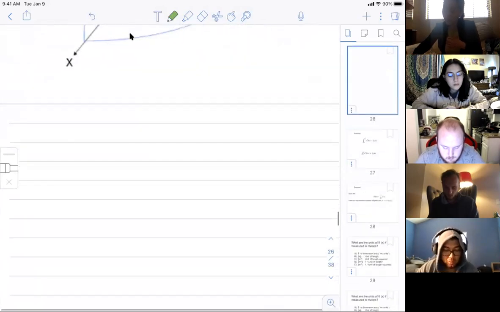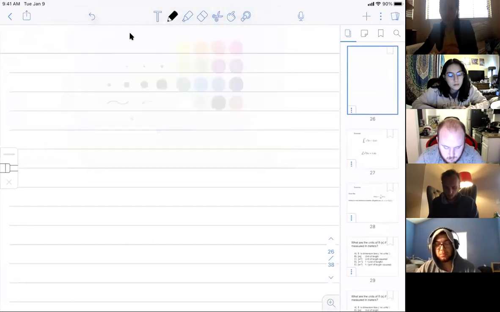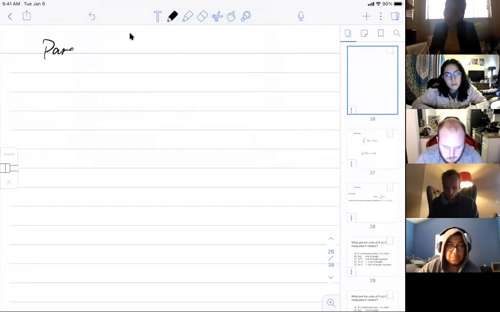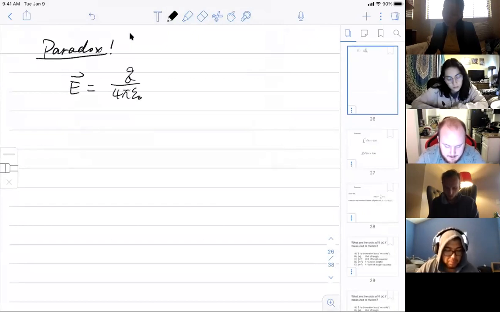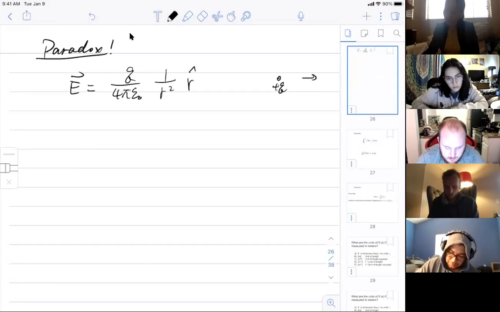Okay, so here I want to present you with a paradox. Imagine I have a point charge, and we're very familiar with the electric field of a point charge, kq over r squared, pointing in the r hat direction, radially outward.